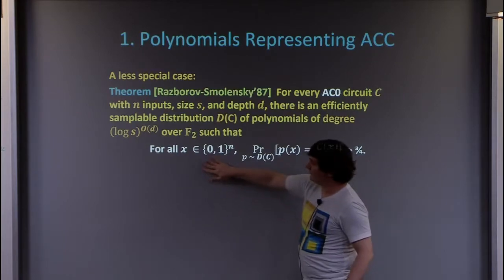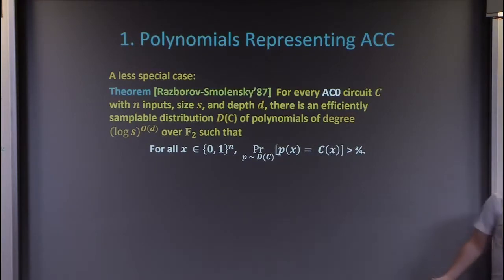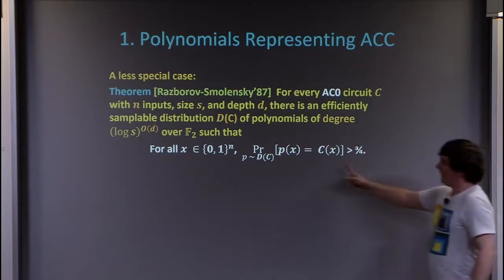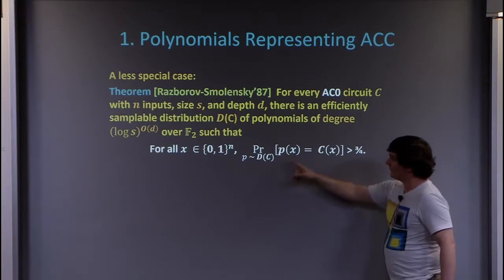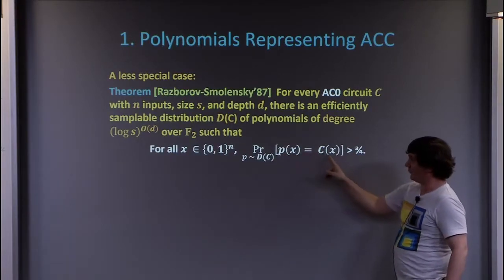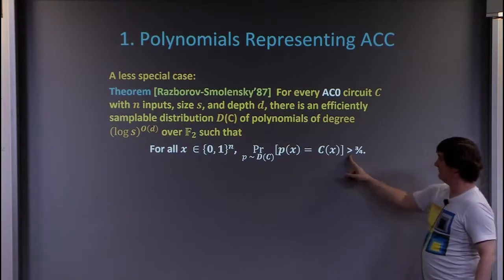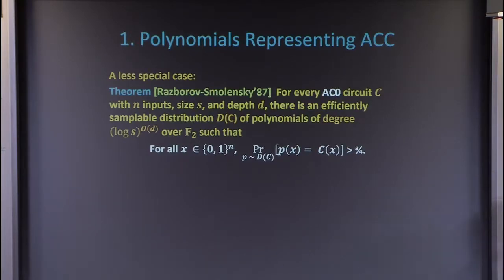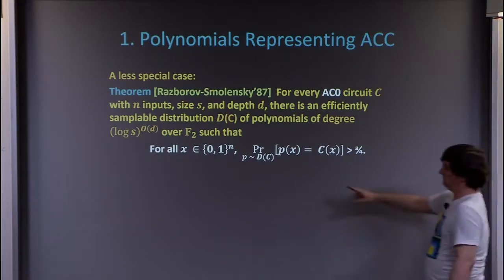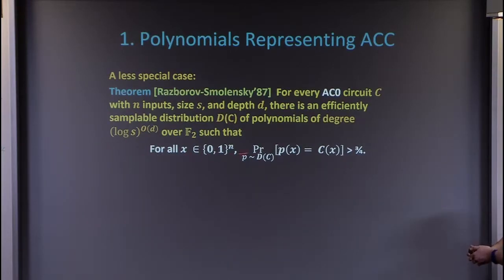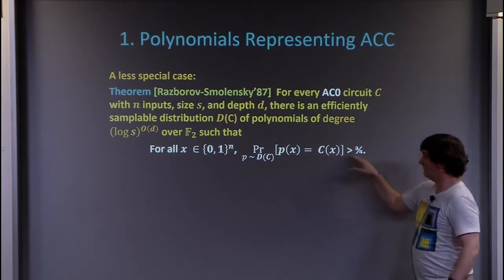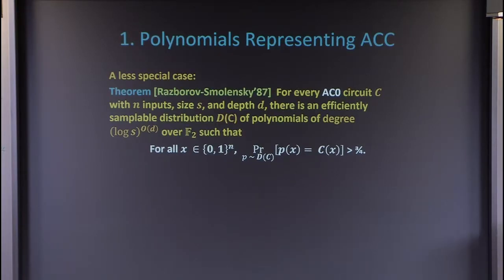You give me a point X, and I want to evaluate the circuit C at this point X. Whenever I run this algorithm D once and draw out a polynomial P, the probability that polynomial P agrees with C is greater than 3/4. No matter what X I have, if I draw a random polynomial, I get agreement with probability at least 3/4.